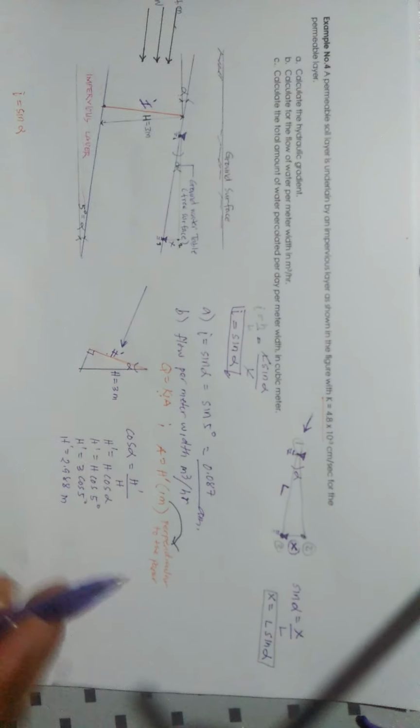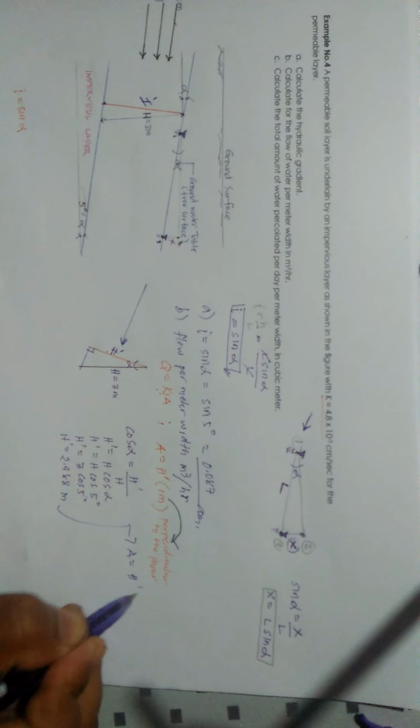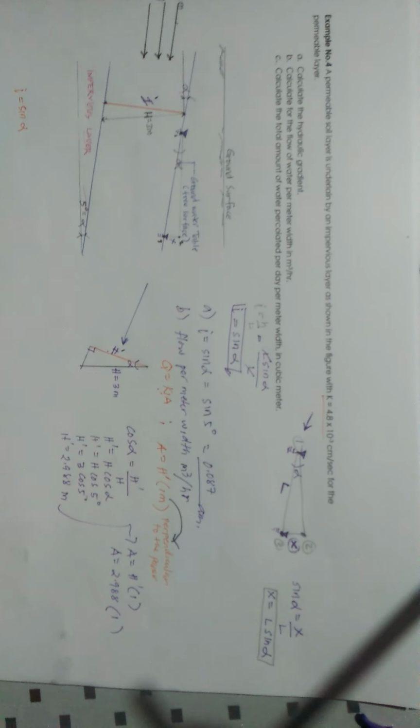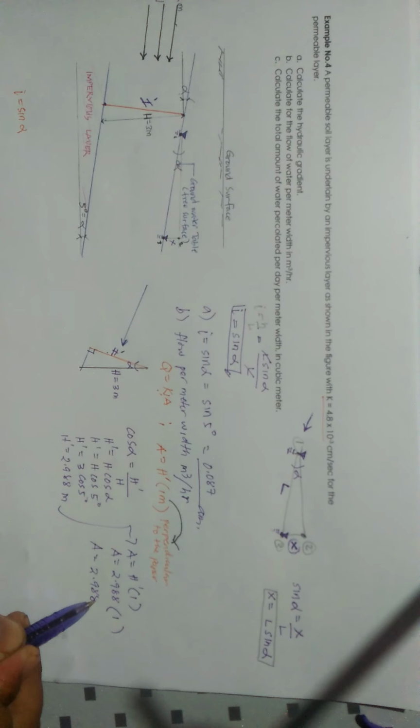So, ang area ko ngayon, therefore, h prime times 1 meter. Area is 2.988 times 1. Tama ba ako? Area is still 2.988. Okay? Meter squared.